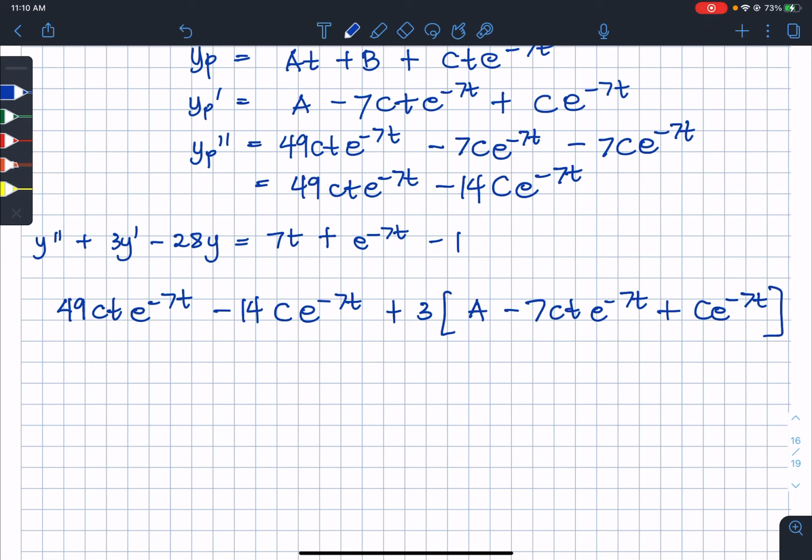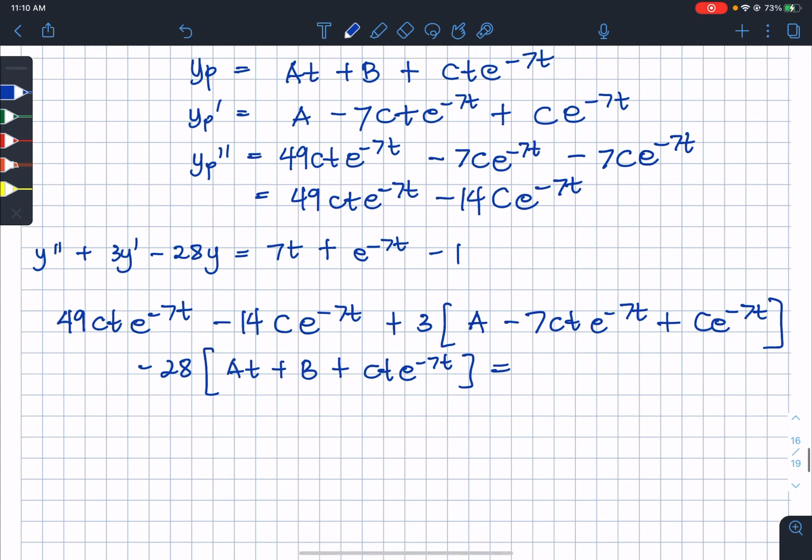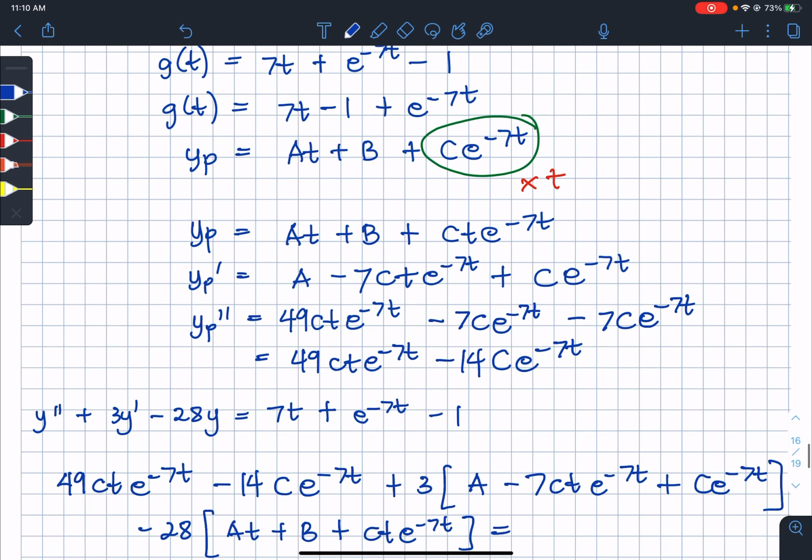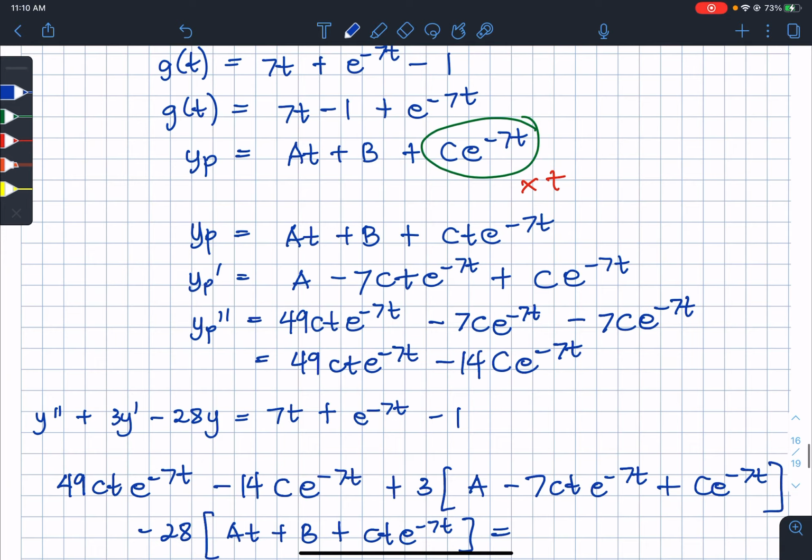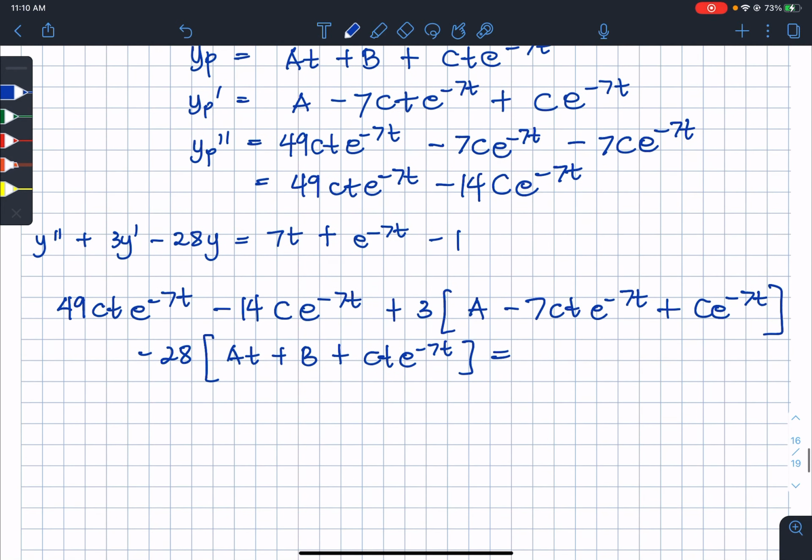And lastly, minus 28 y is at plus b plus ct e negative 7t. So equals to our g of t. So it is 7t plus e negative 7t minus 1.